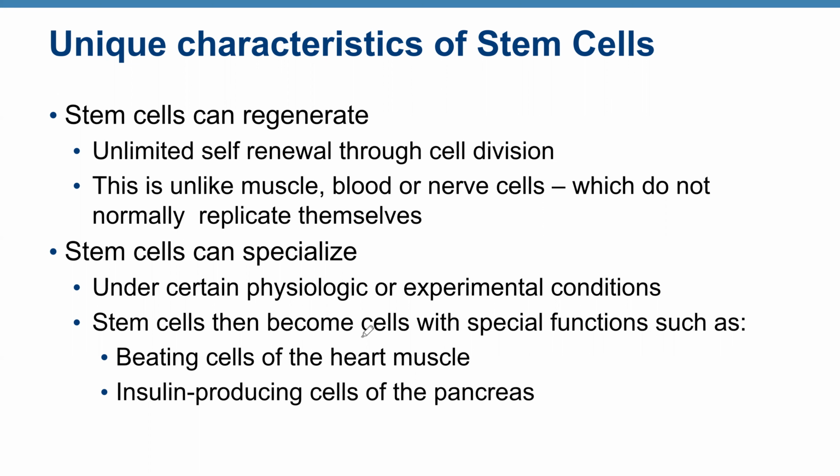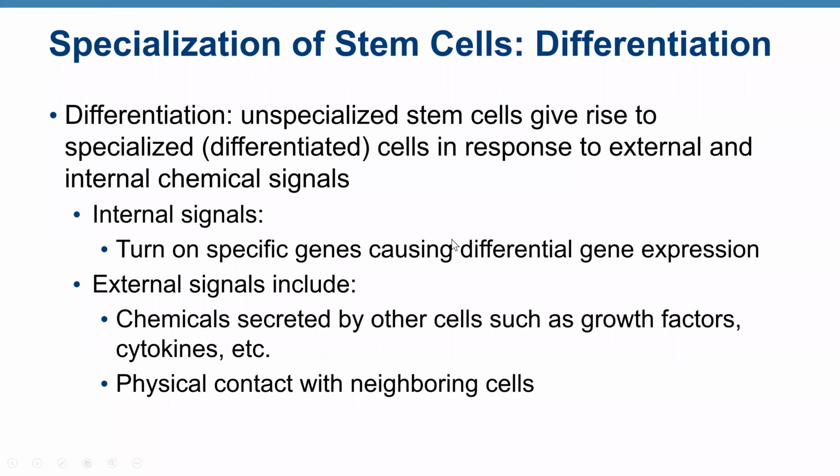Stem cells can become cells with a specific function, such as beating cells of the heart muscle or insulin-producing cells of the pancreas, right? So those are very important characteristics: the ability to regenerate or produce more stem cells, its unlimited renewal ability, and specialization. That means that stem cells can become different cells of your body.